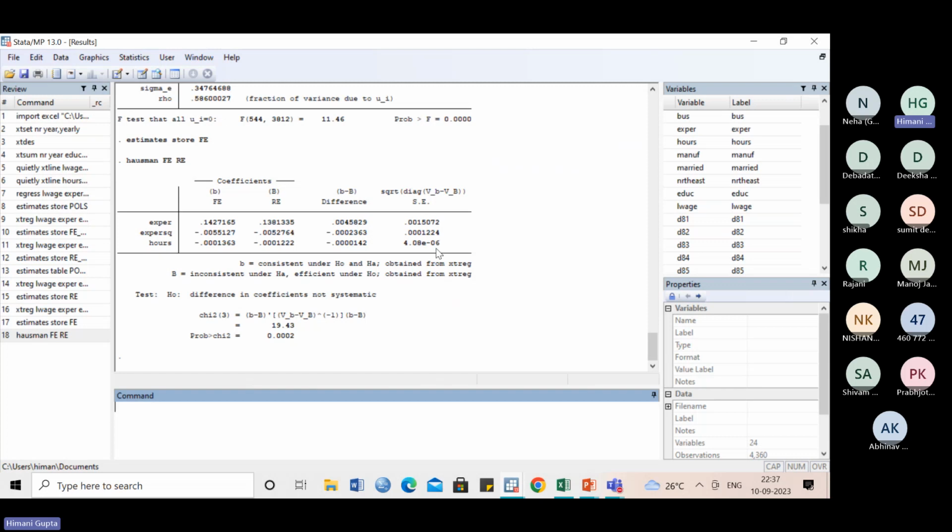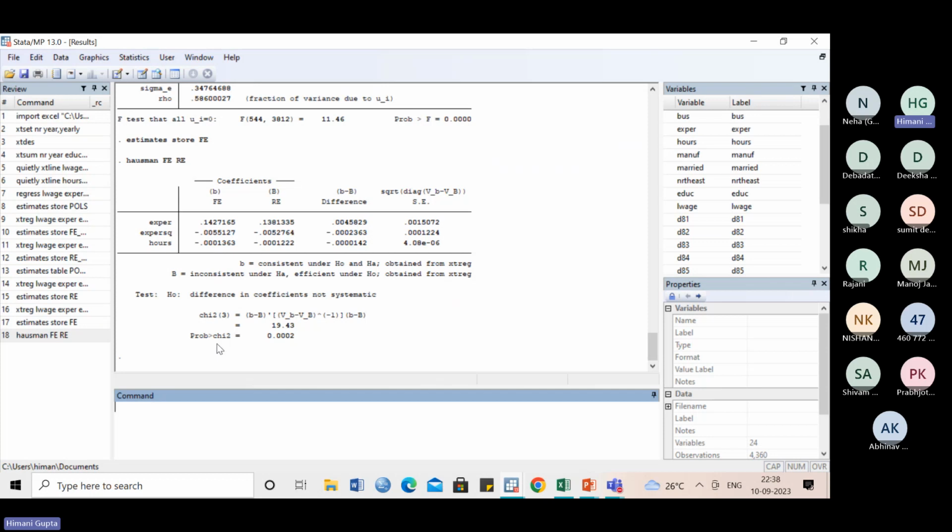Whenever we are doing the Hausman test, H0, the null hypothesis, says that there is no difference. That means FE and RE are the same. If FE and RE are the same, there is no problem of endogeneity. The problem arises when RE and FE are different, so the problem of endogeneity will be there.